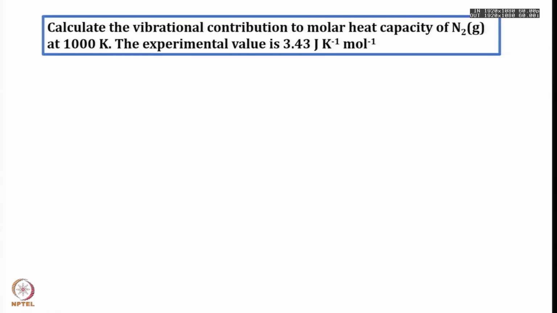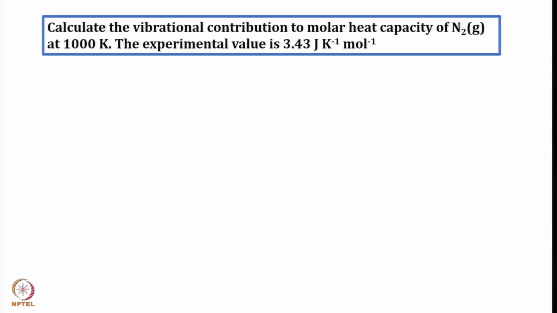Heat capacity is the change in internal energy when a 1 degree temperature change occurs in a system at constant volume. So what we have now is to calculate the vibrational contribution to the molar heat capacity of nitrogen gas at 1000 Kelvin. The experimental value is given to us.